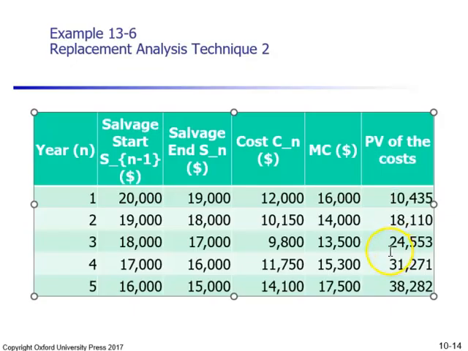So that's the reason we need now to convert this PV to EUAC. But before we do that, first of all, if you have already achieved this number, that's great. Otherwise, no worries. Now we go and check the details in an Excel file to see how we get these numbers.